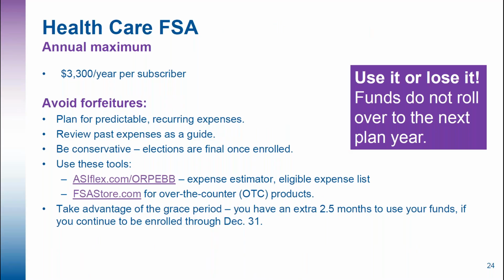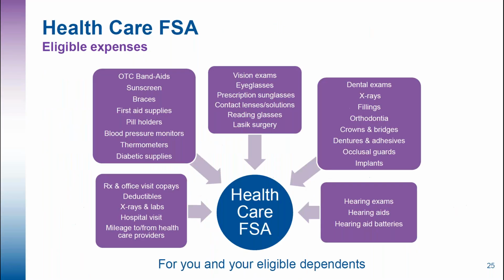Once January 1st hits, everything is final. You do have a grace period if you contribute through December 31st, so that would take you until March 15th of 2027 would be your grace period if you don't use up all of your funds for 2026. All right, next slide.